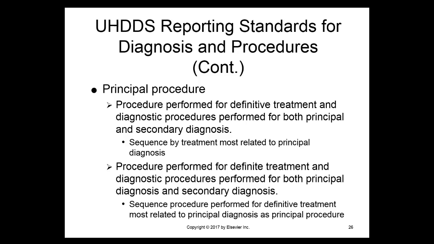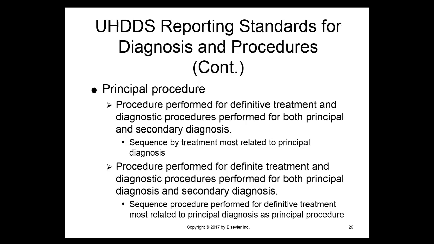The procedure performed for definitive treatment of both the principal diagnosis and secondary diagnoses is sequenced as the procedure that is performed for the definitive treatment for the principal diagnosis. The definitive treatment for the principal diagnosis is the principal procedure. So in our example up here, our diagnosis was coronary artery disease, and our definitive procedure was the bypass, the coronary artery bypass graft.